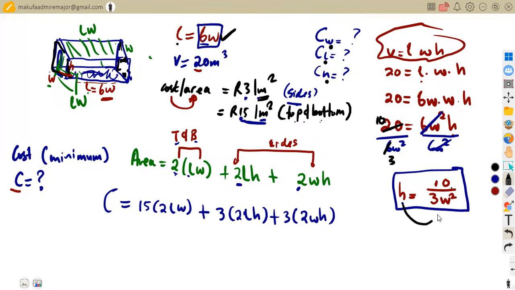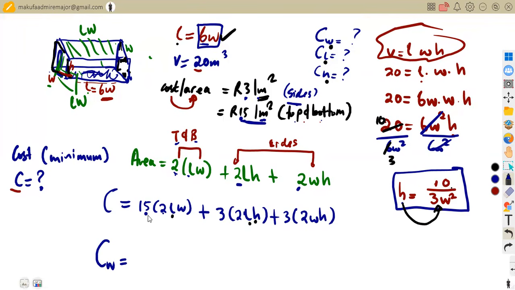We have got our height in terms of width. So where there is length and height, we substitute the equivalent in terms of width. So at the end, we are going to have the expression for the cost, C, but now in terms of width, because we are going to substitute our length in terms of the width. So what are you going to have at the end?